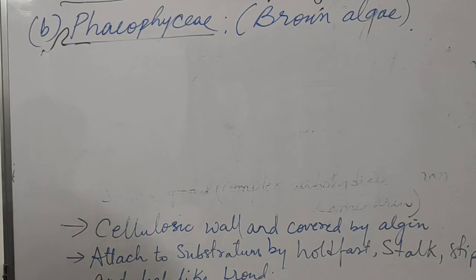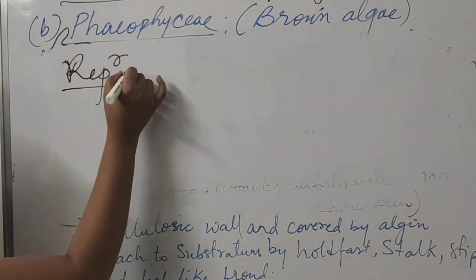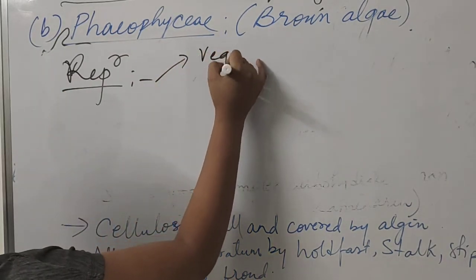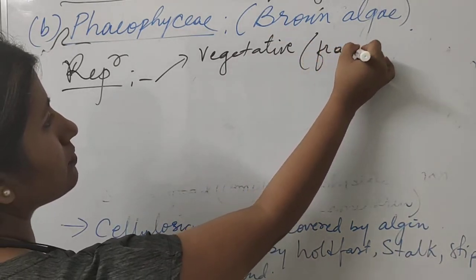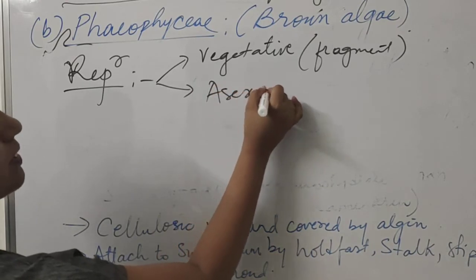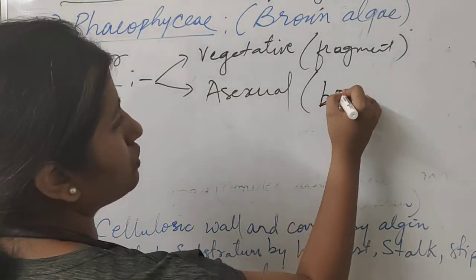Then we see their reproduction. Here they opt for all three modes of reproduction: vegetative, by fragmentation, and asexual, by the help of biflagellate zoospores.